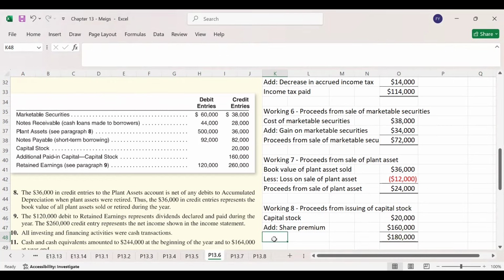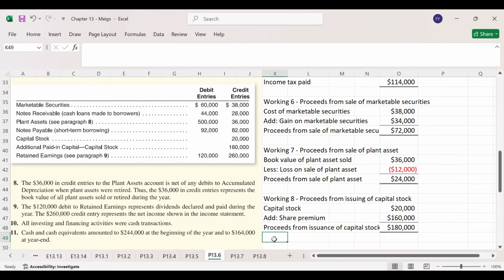So here we have proceeds from issuance of capital stock, which is $180,000.